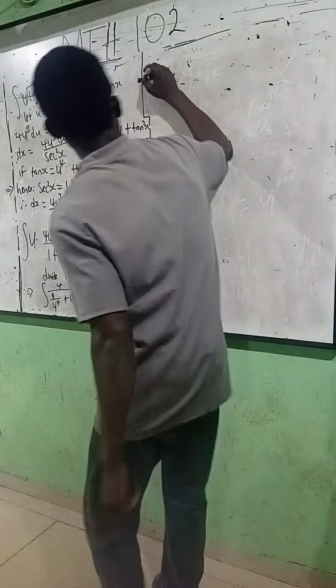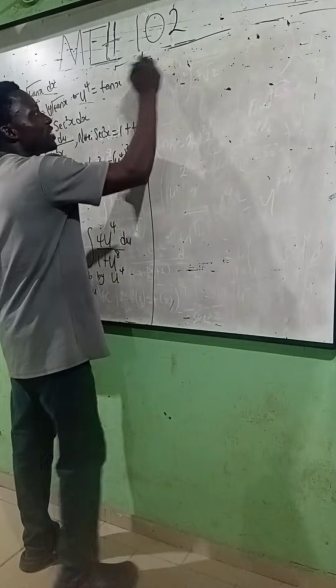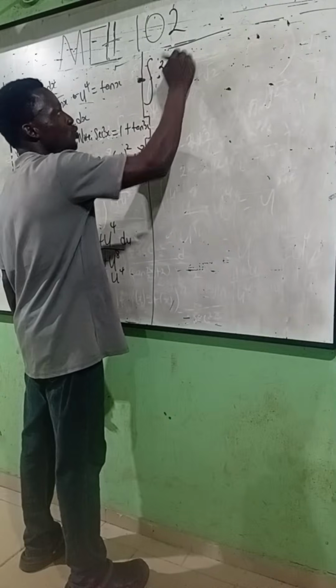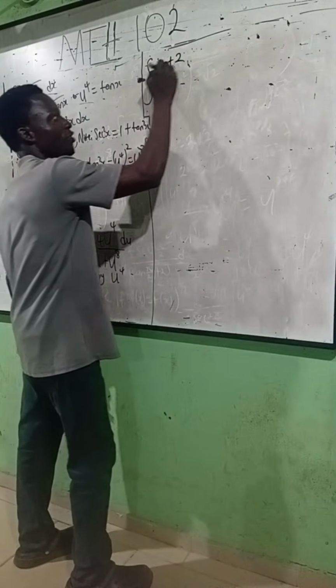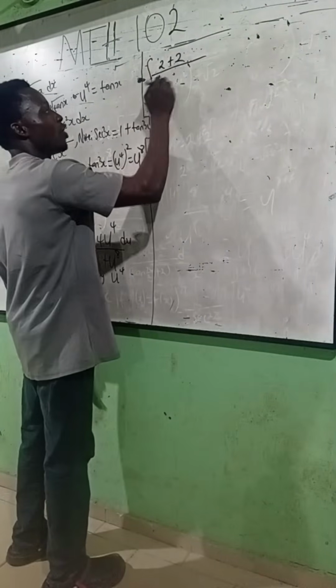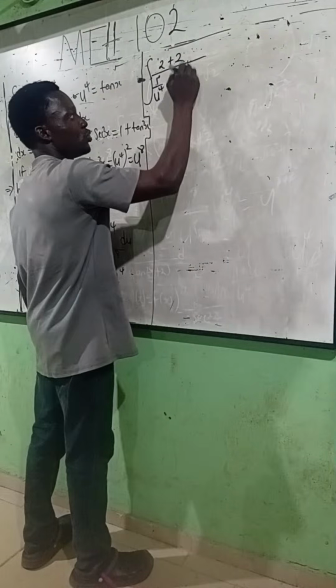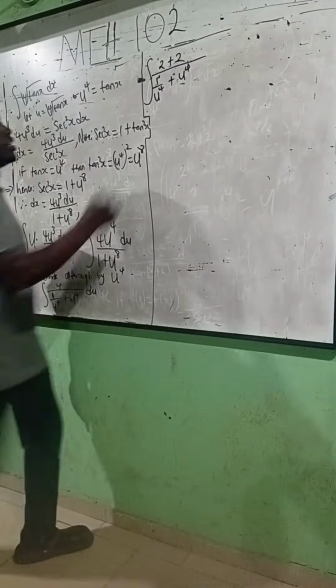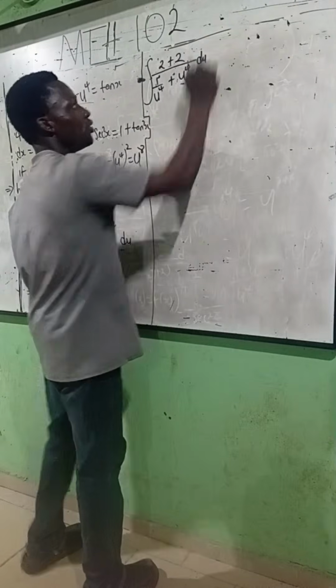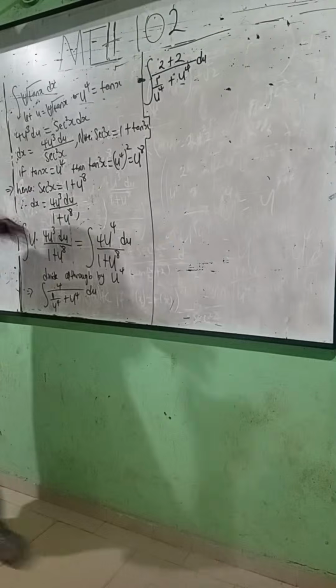Now, this integral gives me. Please, let's look here. Here I have integration of 2 plus 2. I'm changing 4 to 2 plus 2 divided by 1 over u raised power 4 plus u raised power 4 du. Even me, I forgot when I saw it, but I was able to.